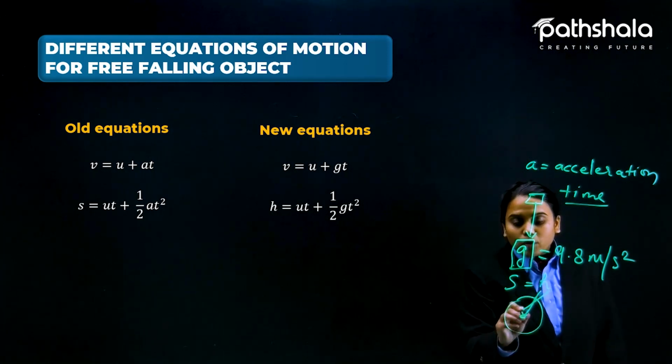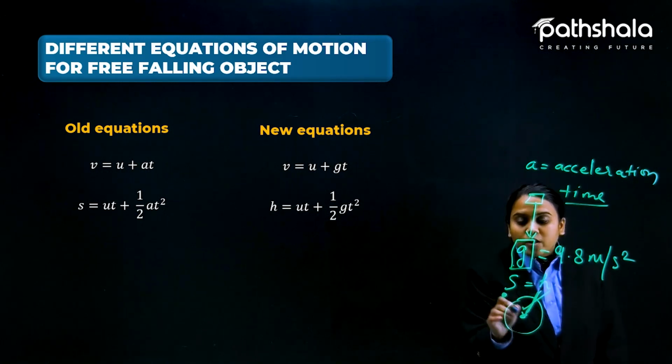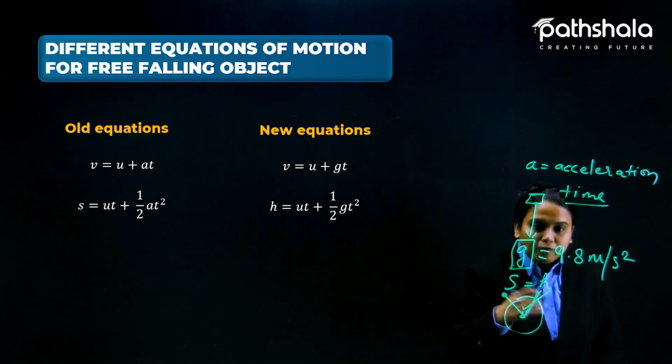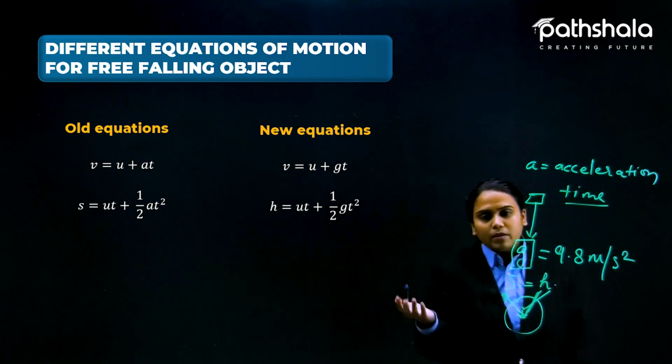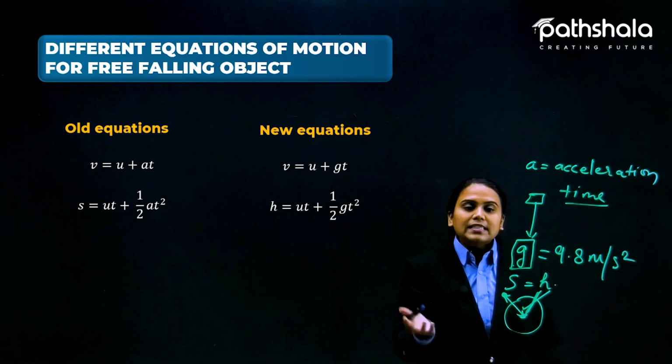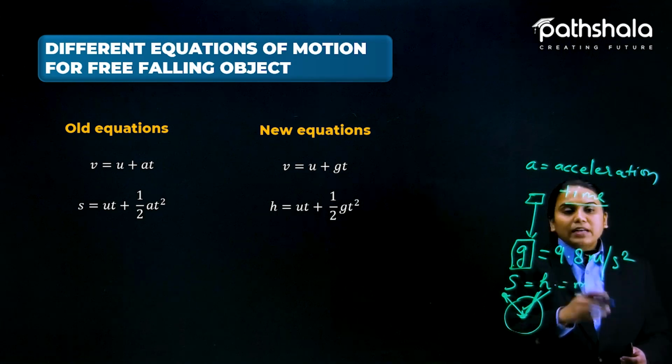Everything is considered as height, because for this center, if some object is here, this is the distance, you can even measure it. So distance and height are measured in the standard unit, the meter.